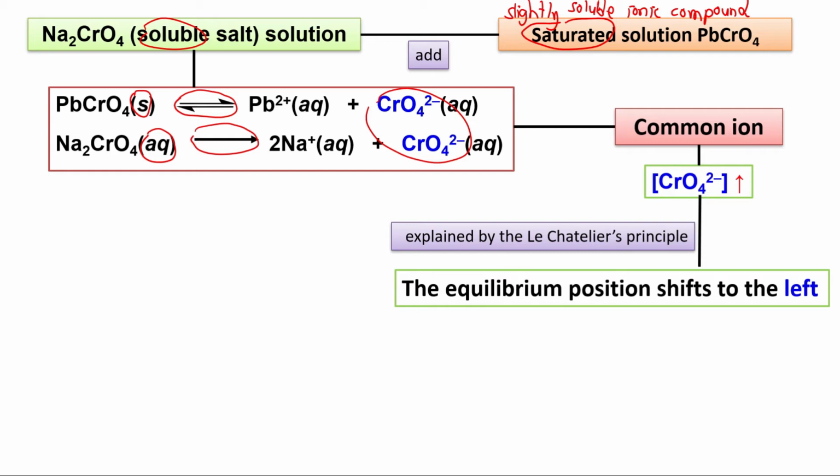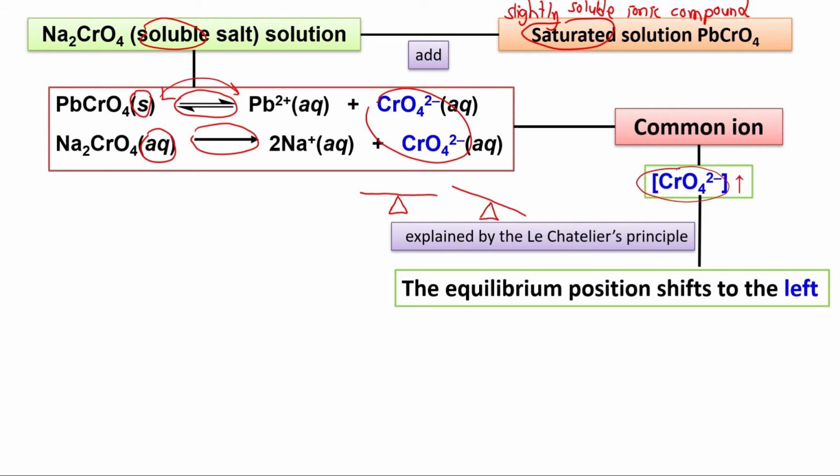At first, this saturated solution is in equilibrium with its soluble ions, so the seesaw is balanced. Next, after you add the soluble salt containing the common ion, the concentration of the common ion increases. So what happens to your seesaw? It will be heavier on the left side.